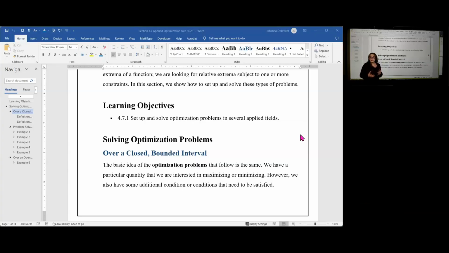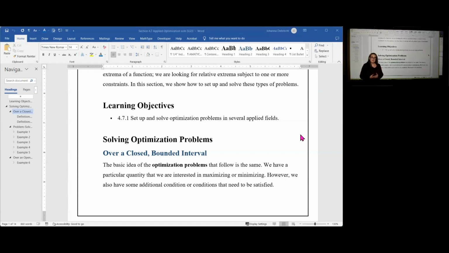We're going to look at solving optimization problems under two conditions. The first condition is the one that is more normal or more typical when we have a closed and bounded interval over which we're evaluating. Because it's a closed and bounded interval, we'll be able to use the extreme value theorem, which guarantees that we must have both an absolute maximum and an absolute minimum on that closed bounded interval.